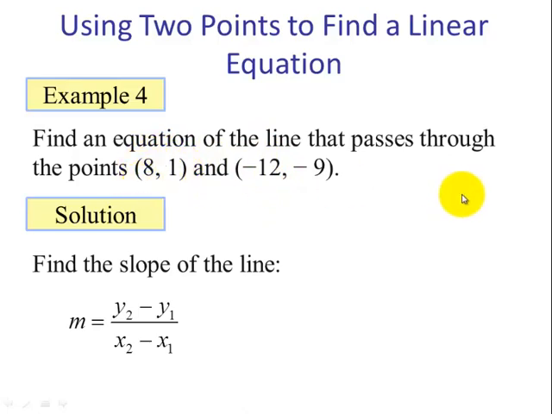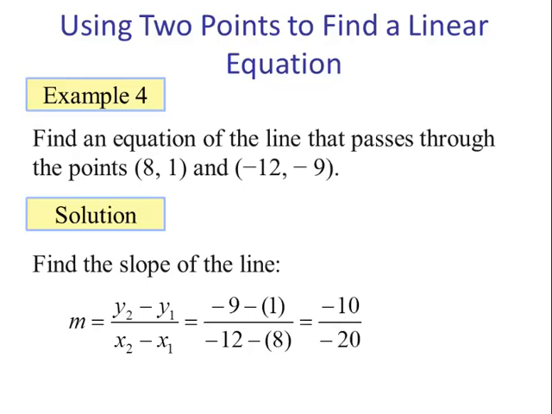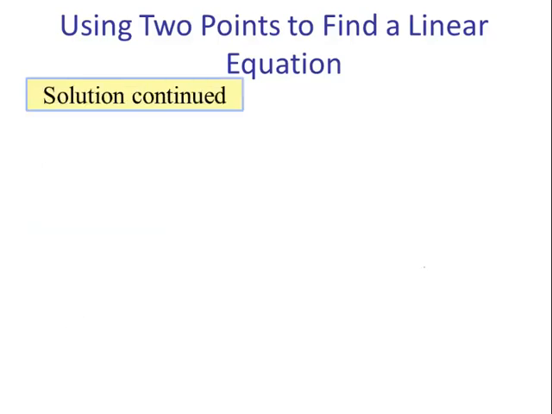This is my x1. Substituting those values in the slope formula, we have negative 9 minus 1 over negative 12 minus 8. This produces negative 10 over negative 20. Negative divided by negative is a positive, and 10 over 20 reduces to 1/2. So the slope is 1/2.